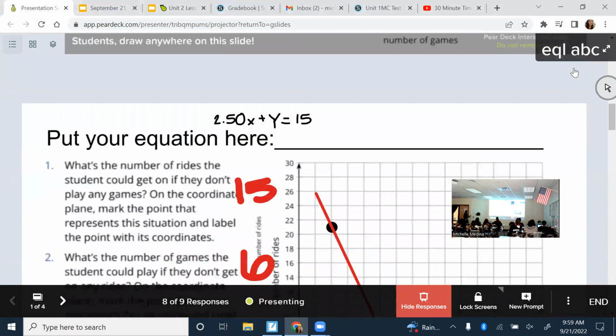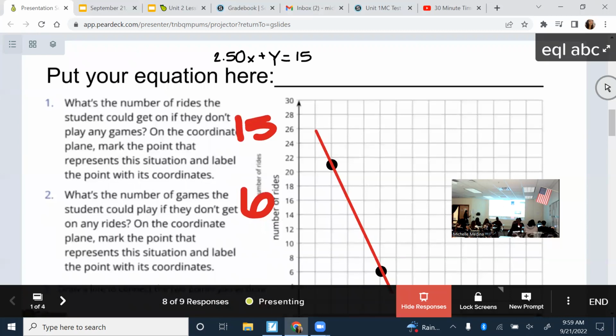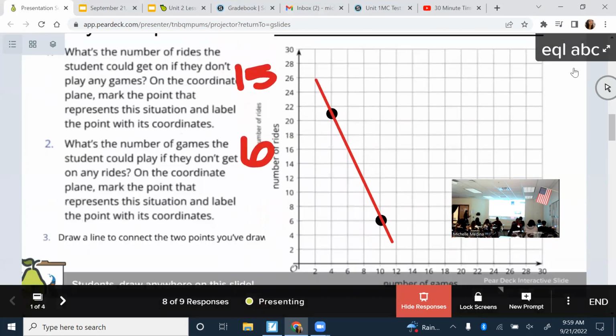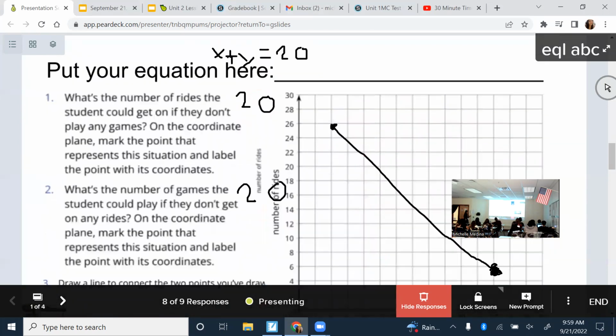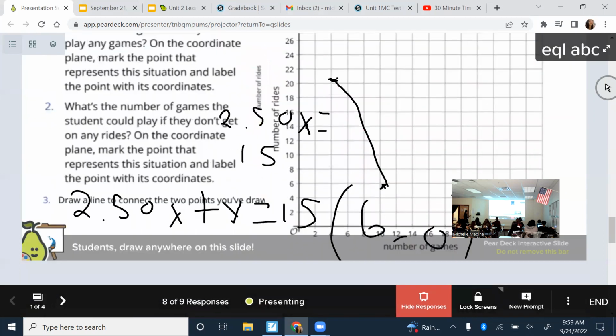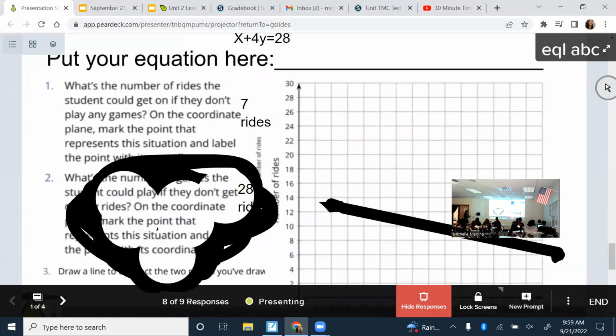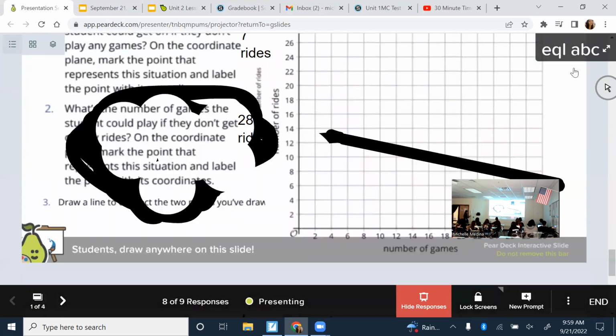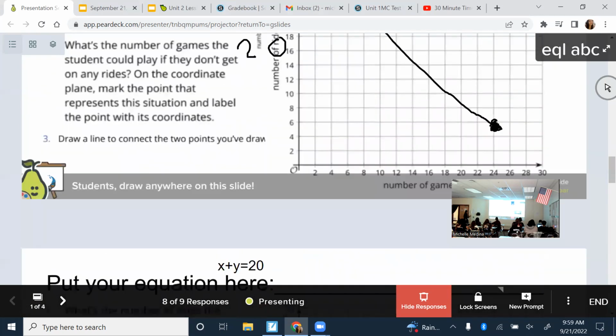That one looks the same as the other one. That one's a different equation. Okay, so let me just pick one that looks similar.